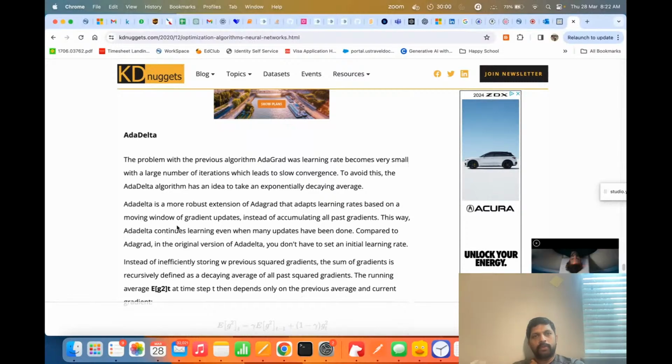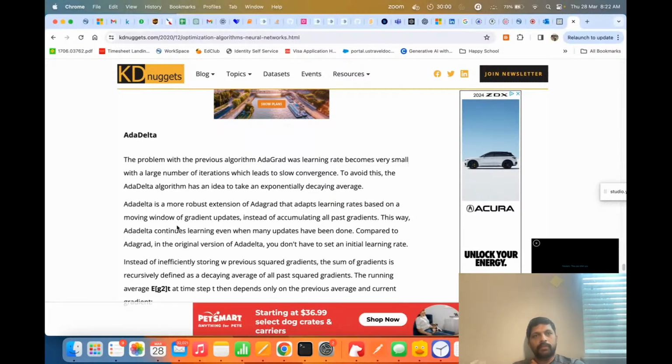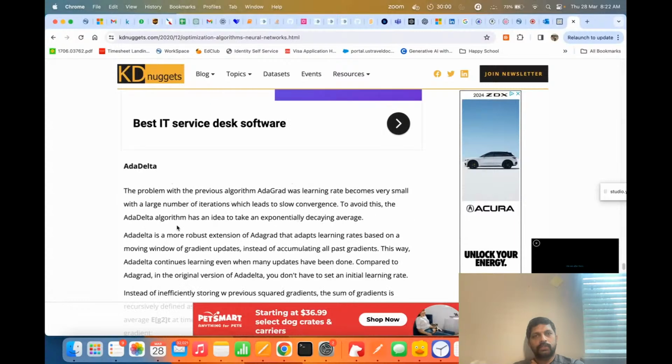Adadelta. The problem with the previous algorithm was that the learning rate becomes very small with a large number of iterations, which leads to slow convergence.